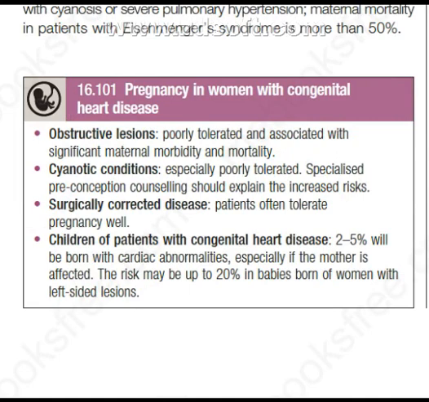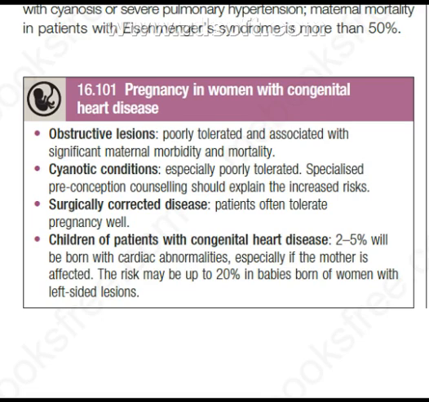Pregnancy in women with congenital heart disease. Obstructive lesions are poorly tolerated and associated with significant maternal morbidity and mortality. Cyanotic conditions are especially poorly tolerated; specialized preconception counseling should explain the increased risk.